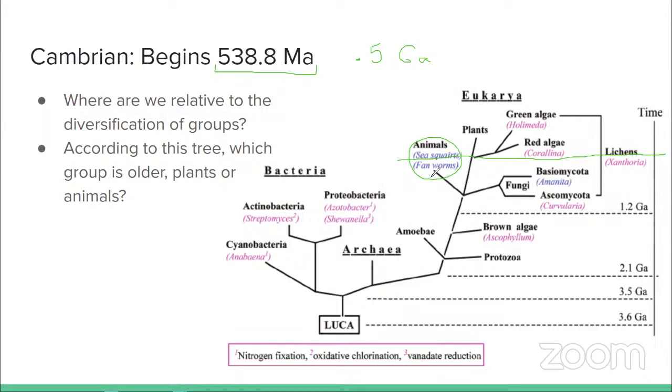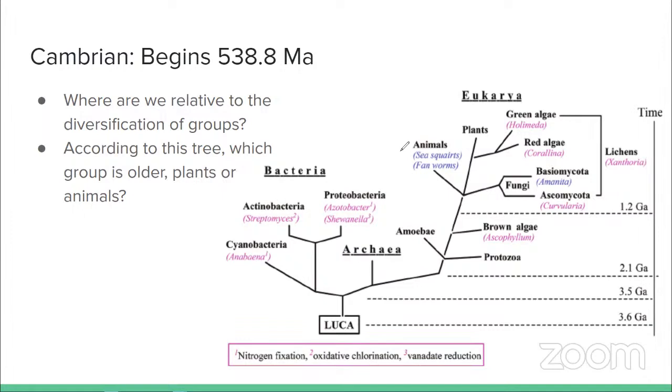We saw that that was maybe why we see the disappearance of the Ediacaran biota that we were talking about at the end of our last unit. So we have a little bit of this starting there, but this is where we really start to see the diversification.